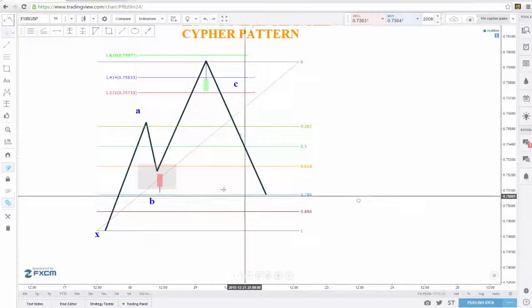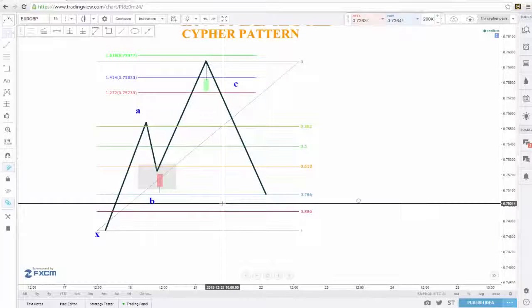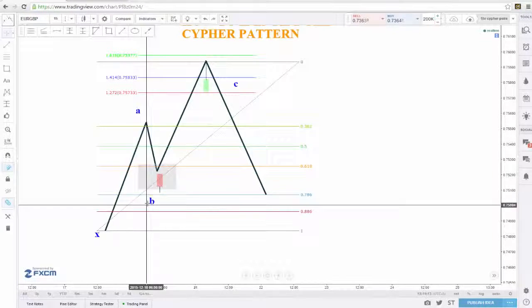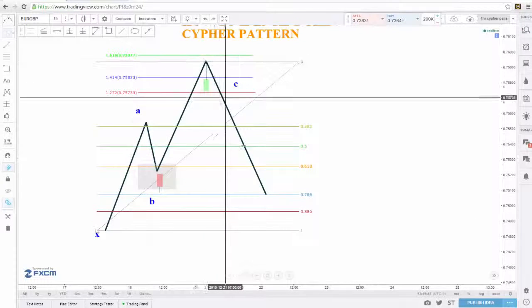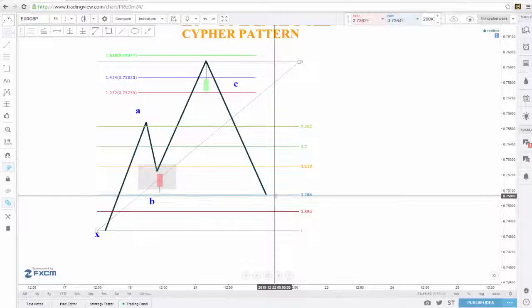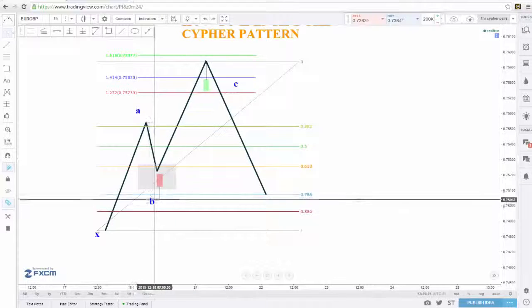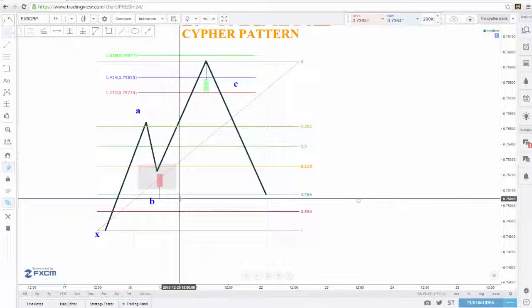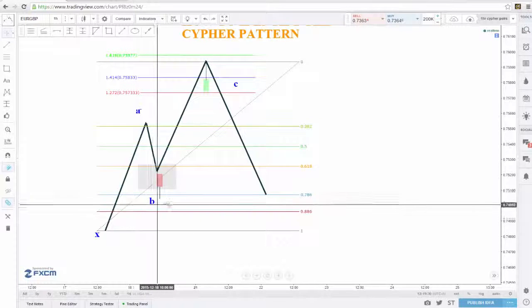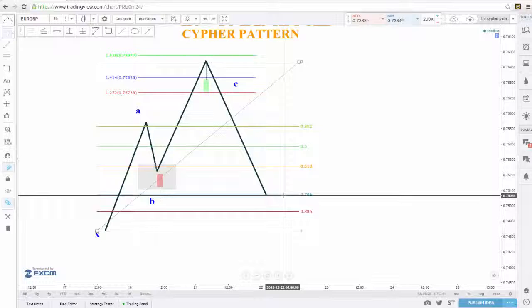Now there is one more rule to the cipher pattern that I don't hear mentioned as much as it should be, and that is that the B leg, once you pull from X all the way up to C to get your D, your finishing point of this cipher pattern, the B leg cannot touch the 786. So if this candle was our B point of the cipher pattern, then that would invalidate the cipher pattern because B comes below the 786 retracement.